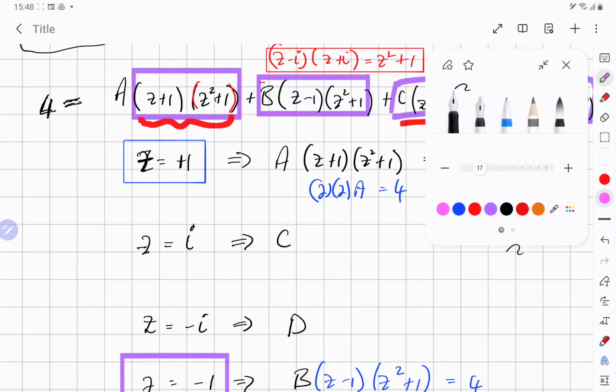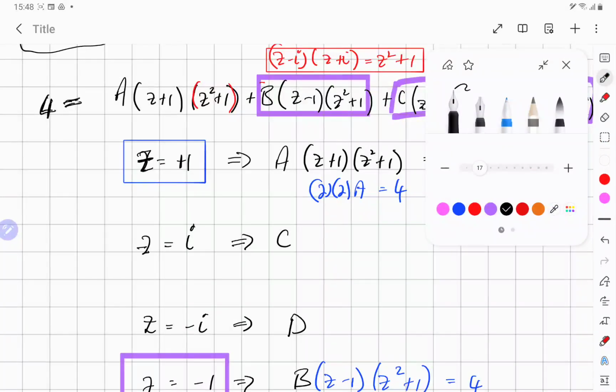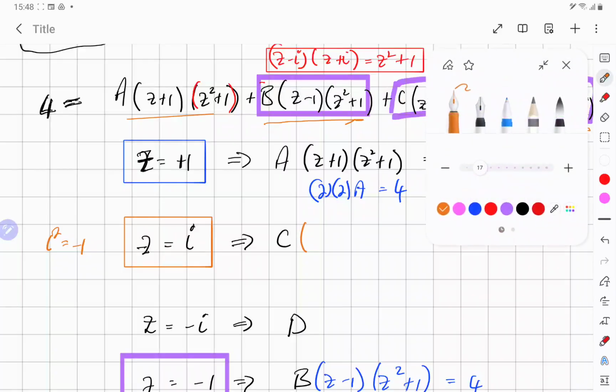Now I need to get c and d. So let's see, if I use z equals i, let's see which factors will disappear. i squared is negative 1. This factor will disappear. The same here will disappear. And i minus i is 0. This one will disappear. What do I have left?